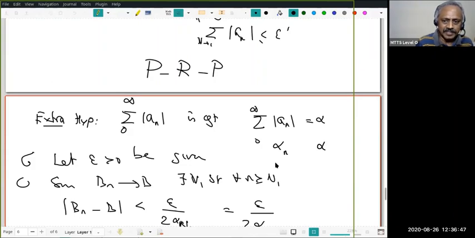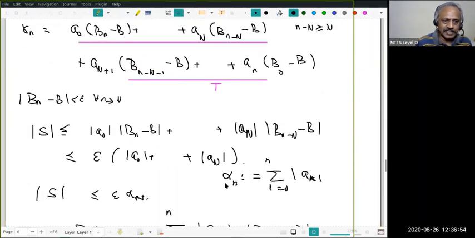In the beginning of the lecture, I already said alpha n is always less than or equal to alpha. You understand that? Therefore, let's go back. What is the estimate for mod s? Whatever capital N you took, mod s is less than or equal to epsilon times alpha n, but that is less than or equal to epsilon into alpha. Do not break your head about strict less than or equal to.